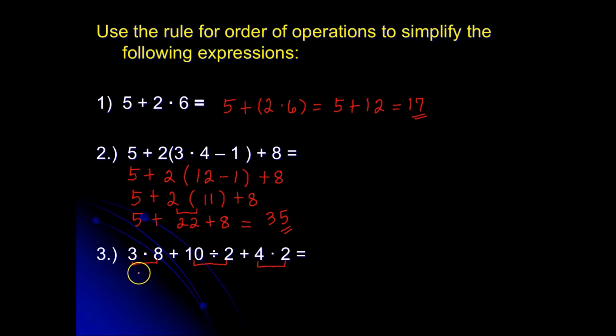So 3 times 8 is 24 plus 10 divided by 2 is 5 and 4 times 2 is 8. Now we can add: 24 plus 5 is 29, plus 8 is 37.